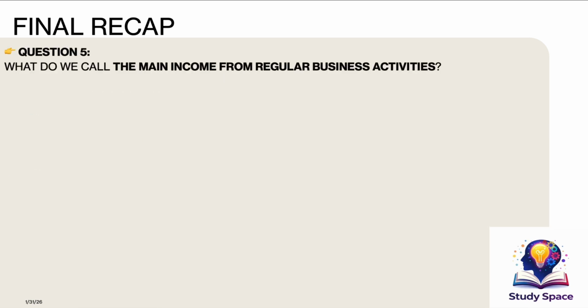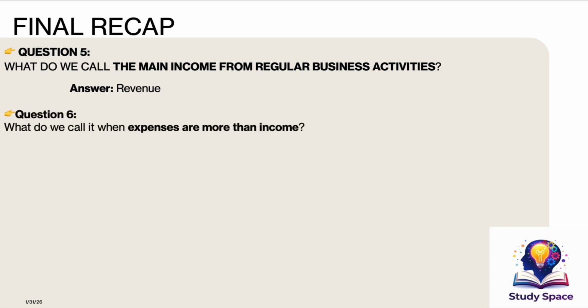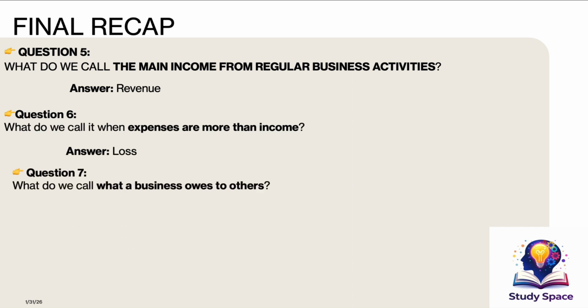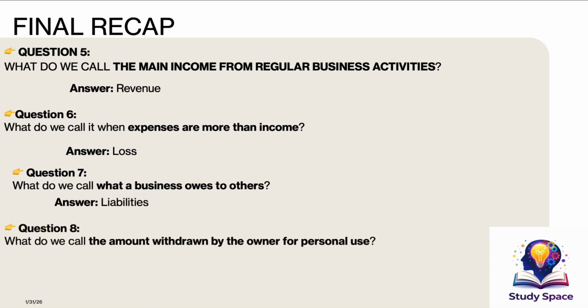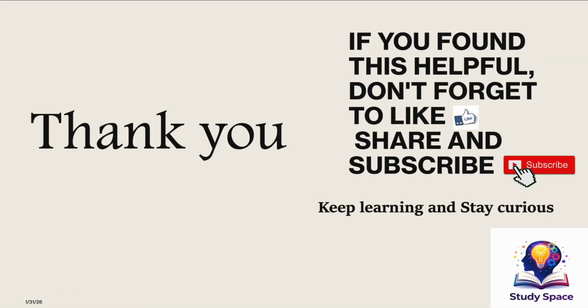What do we call it when income is more than the expense? Profit. What do we call the main income from regular business activities? Revenue. What do we call it when expenses are more than income? Loss. What do we call what a business owes to others? Liabilities. What do we call the amount withdrawn by the owner for personal use? Drawings.